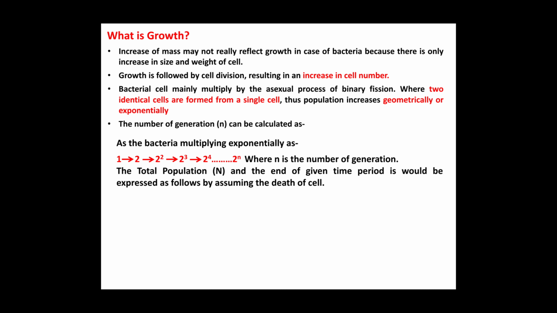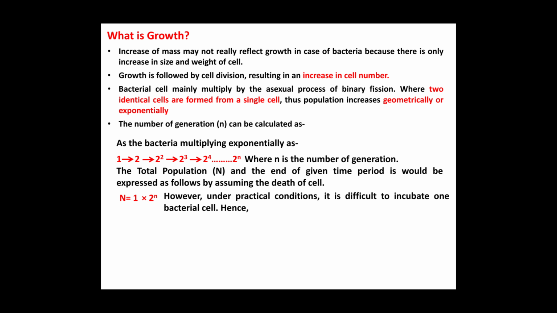The total population, denoted by capital N, at the end of a given time period would be expressed as follows, by assuming no death of cells. The equation is N equal to 1 into 2 raised to n, where 1 is for considering one bacterial cell.